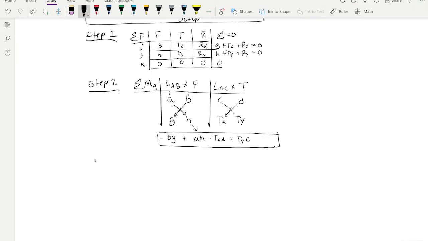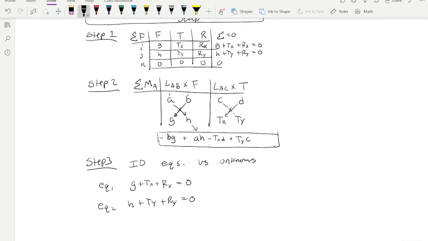So step 3, identify equations versus unknowns. Let's say equation 1 is G plus TX plus RX equals 0. Equation 2, H plus TY plus RY equals 0.